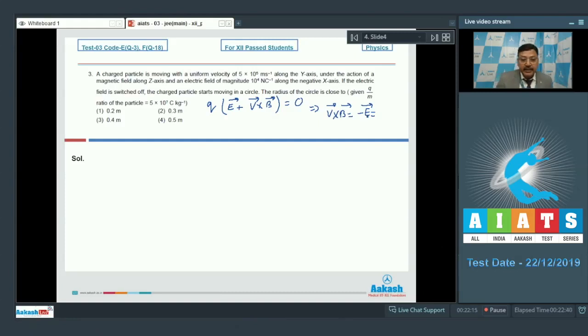And what is minus E vector? Well, the magnitude is 10 to the power 4 Newton per Coulomb, and E has direction along negative x-axis. So that means minus E is 10 to the power 4 i cap, and of course the unit will be Newton per Coulomb.